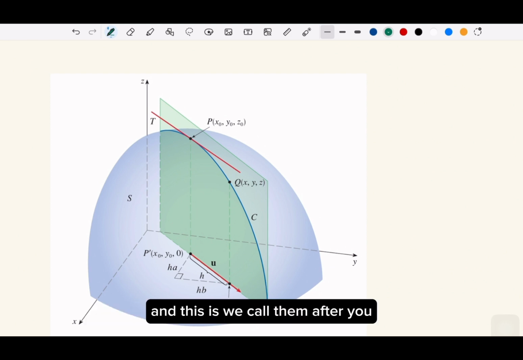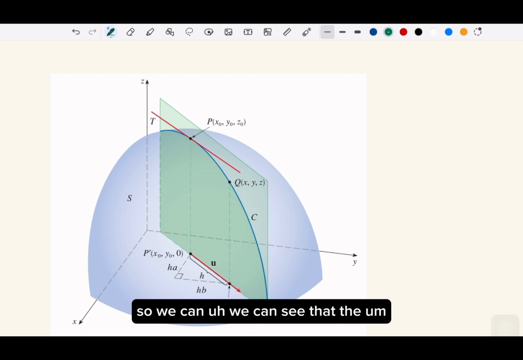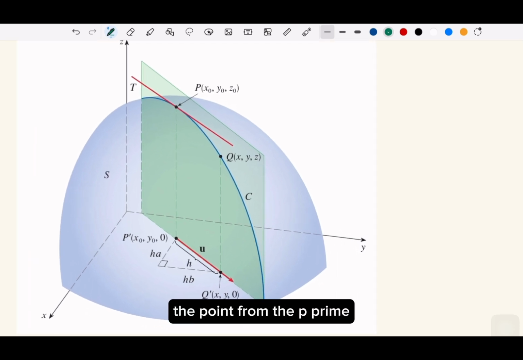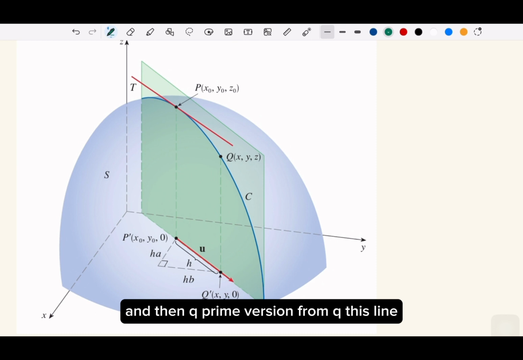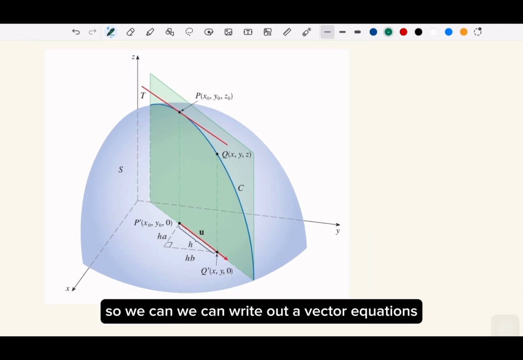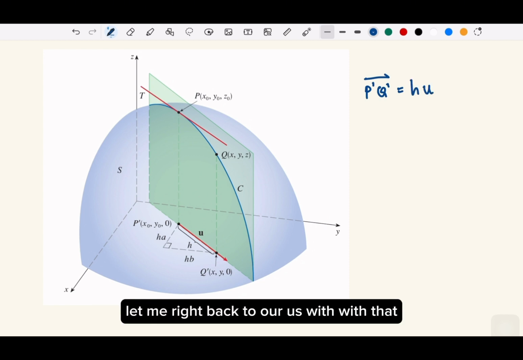And this we call the vector U. So we can see that the point P prime is the projection from P, and Q prime is the projection from Q. This line is the same line as the vector U. Okay, so we can write out a vector equation just to make a connection that this line is parallel to this. Let me write vector U with that.